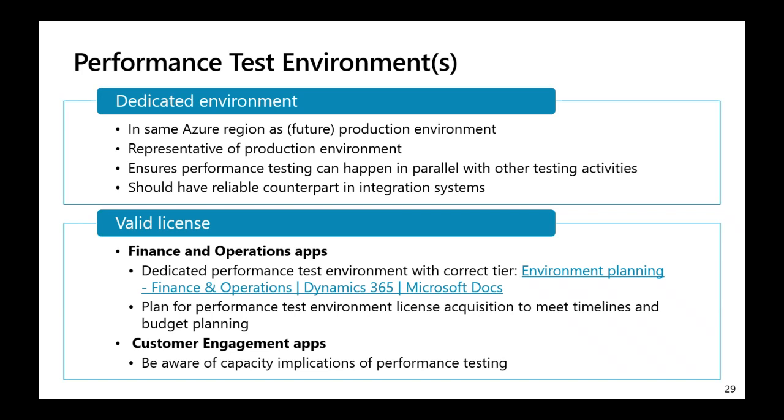In the iterations where you really want to hit the limits of the expected workload, before you start that exercise, you need to have the correctly sized environment available and part of your subscription, and all the other components.